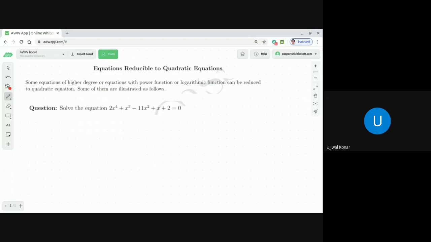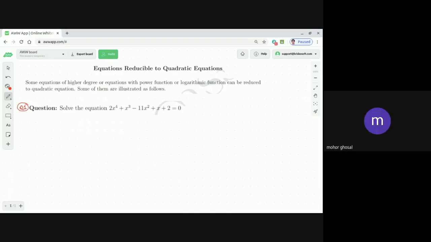Dear students, if this equation is given to you, what comes to your mind? As it is a biquadratic equation, it has 4 roots, correct or not? Let's assume the roots are alpha, beta, gamma, delta. Then you can find the relationship between the roots and coefficients.